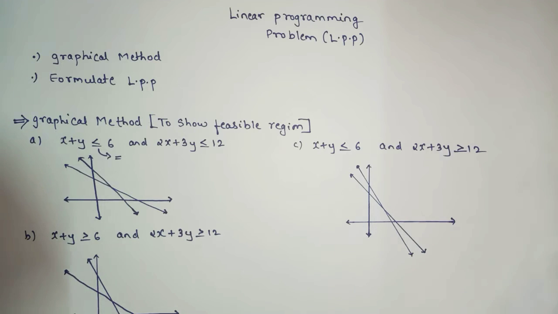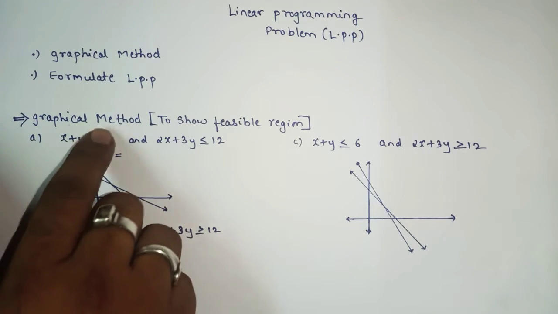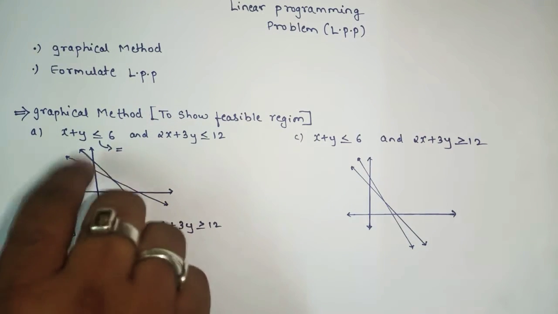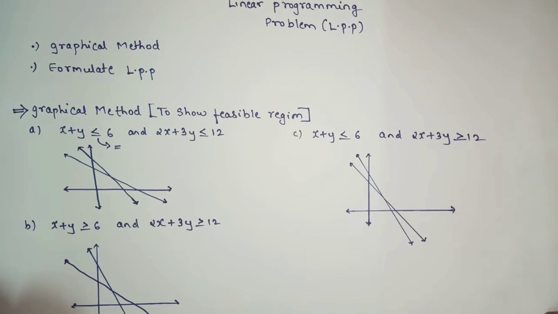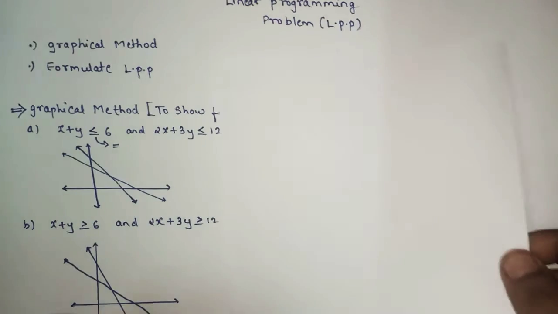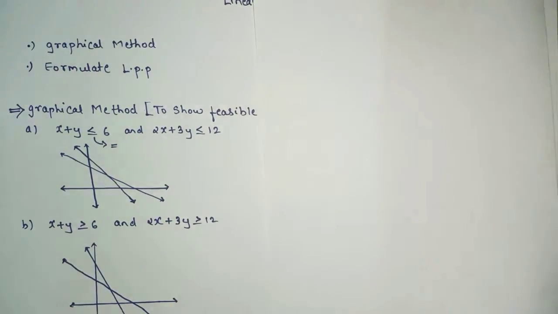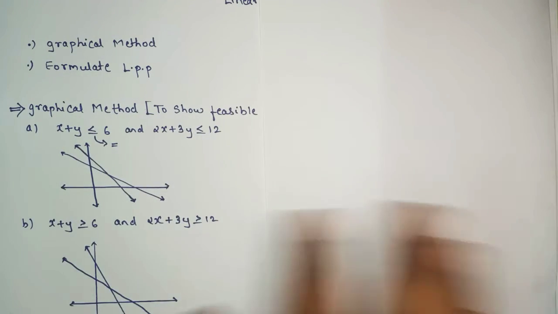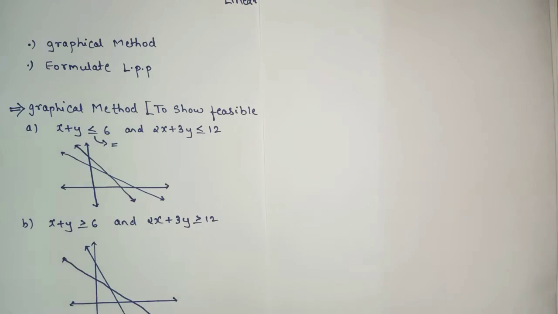Okay, so let's begin with the graphical method. Before dealing with the concept of type number 1, first we'll see some small things we have to learn. As I told, we have to deal with linear inequation, not linear equation.